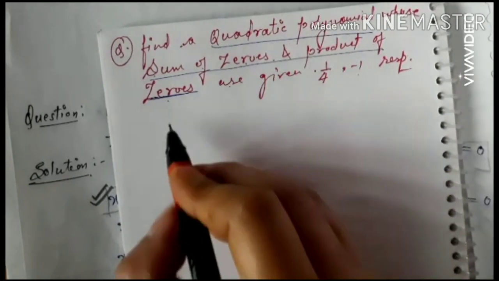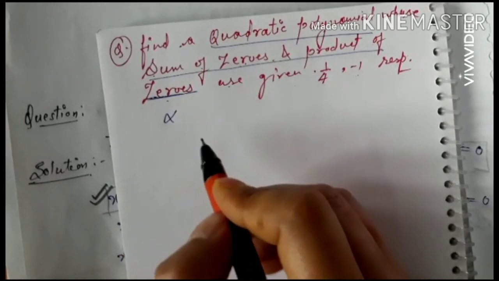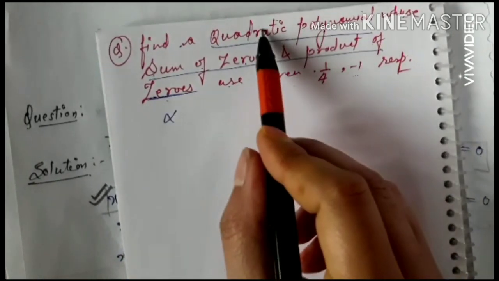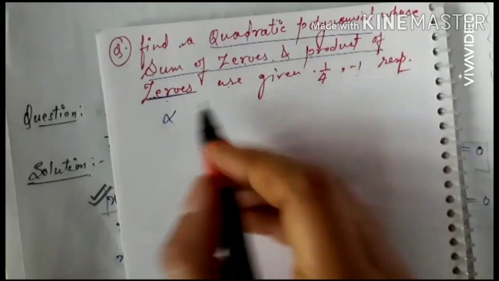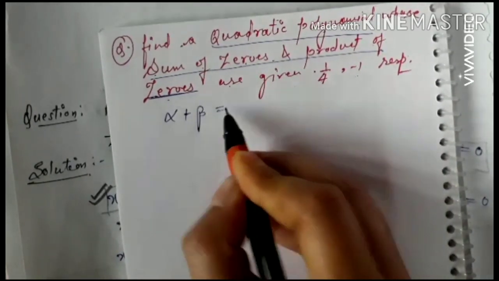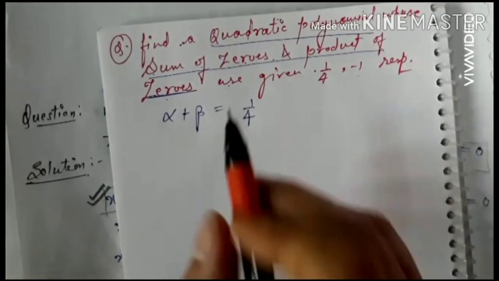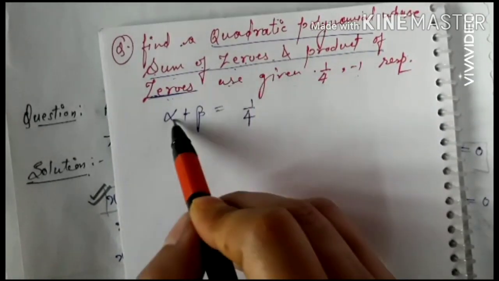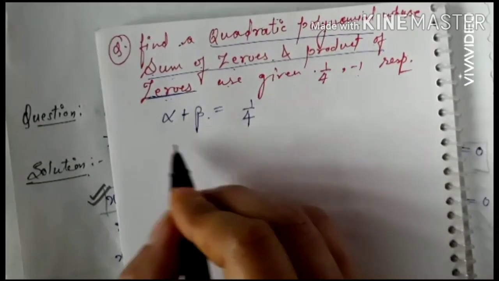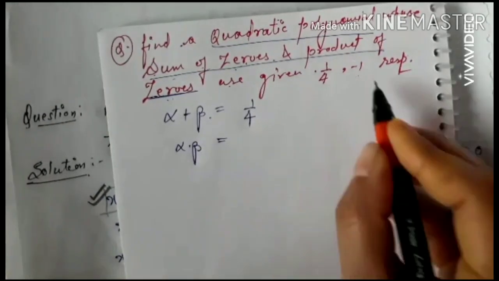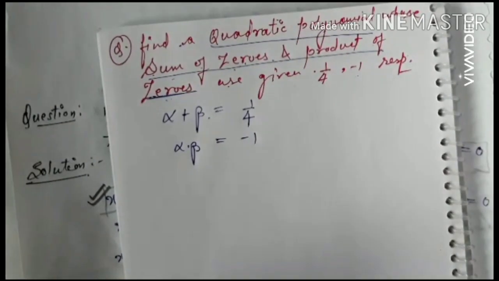Let alpha and beta be the roots of the quadratic polynomial. So the sum of the roots, that means alpha plus beta, is given as 1 by 4. First thing is that the sum of zeros is given, 1 by 4, and the product alpha beta is given as minus 1.